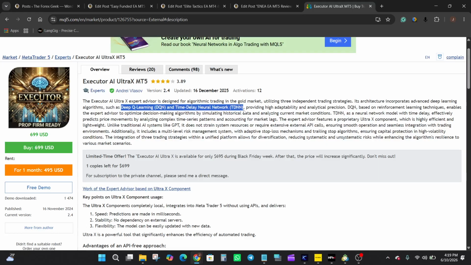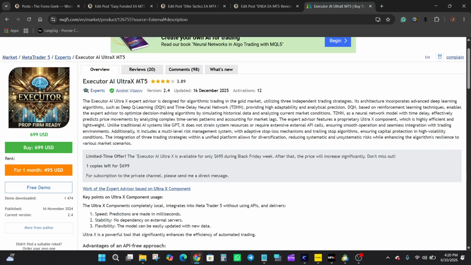The developer explains that DQN is used to optimize decision making by analyzing historical and current market conditions, while TDNN is designed to evaluate time series data and identify patterns in price movement.